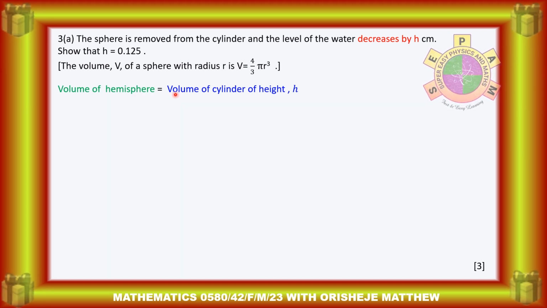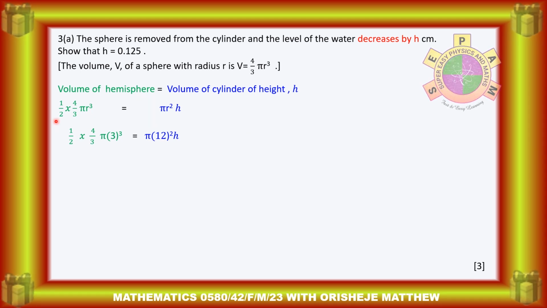So by so saying, we now say half of the sphere, the formula of the volume of a sphere is 4/3 pi r cubed, is equal to the volume of the water rise in the cylinder. So with that, we can cancel our pi from both sides.